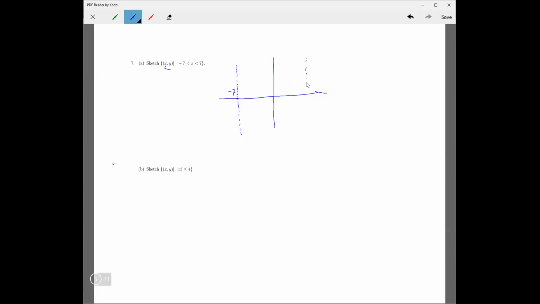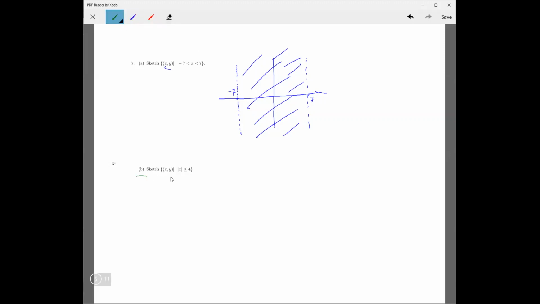And then over here at 7, you have another dotted line, and then it's everything in between. So it's going to be this infinite strip between -7 and 7. That'll be the answer. It's the third one on your homework.